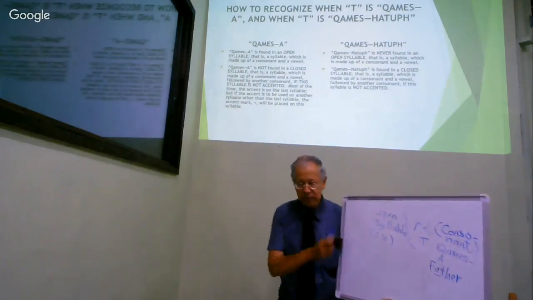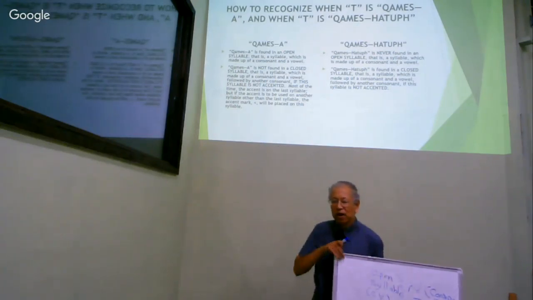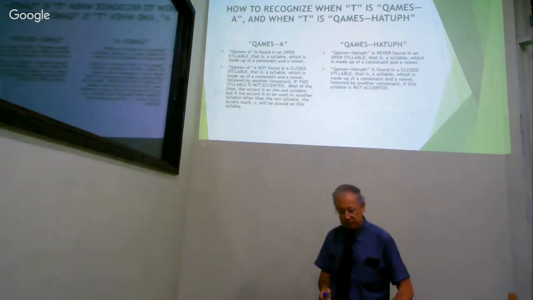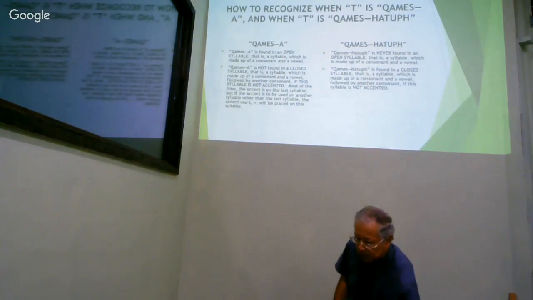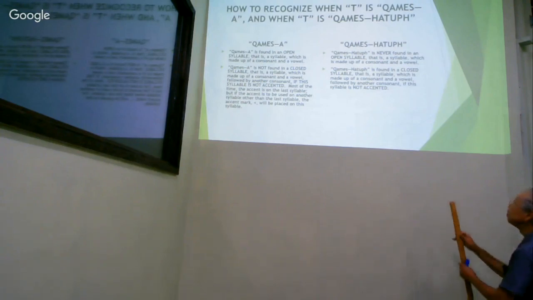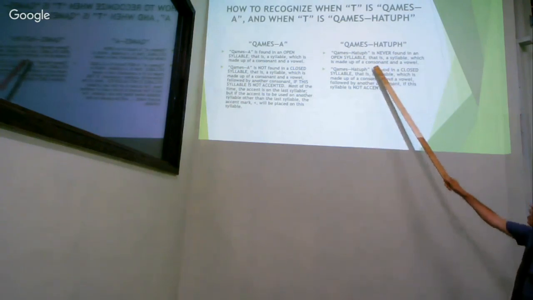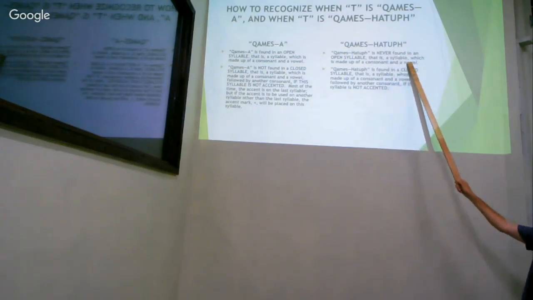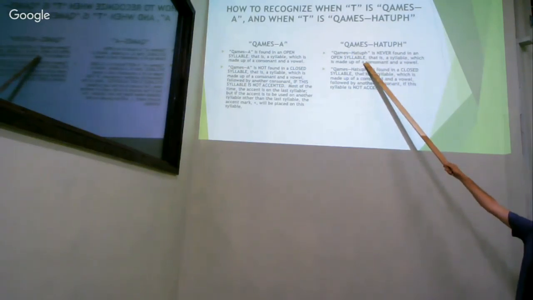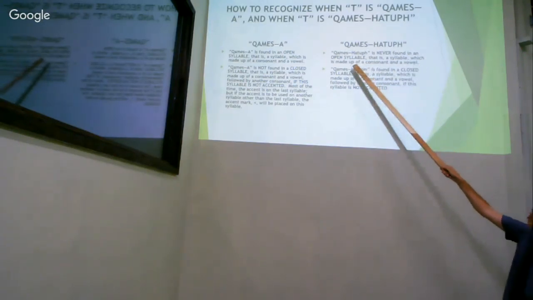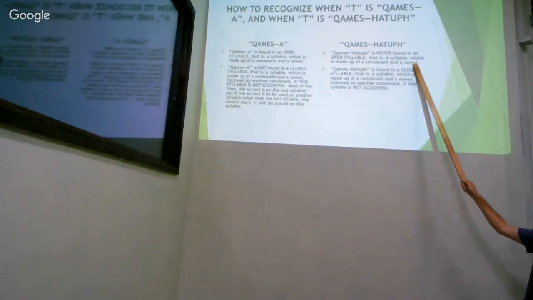So, let's look and see on the other side of the screen, over in the part that deals with Qames-Hatuph. Over on this side, Qames-Hatuph is never found in an open syllable. That is a syllable which is made up of a consonant and a vowel.